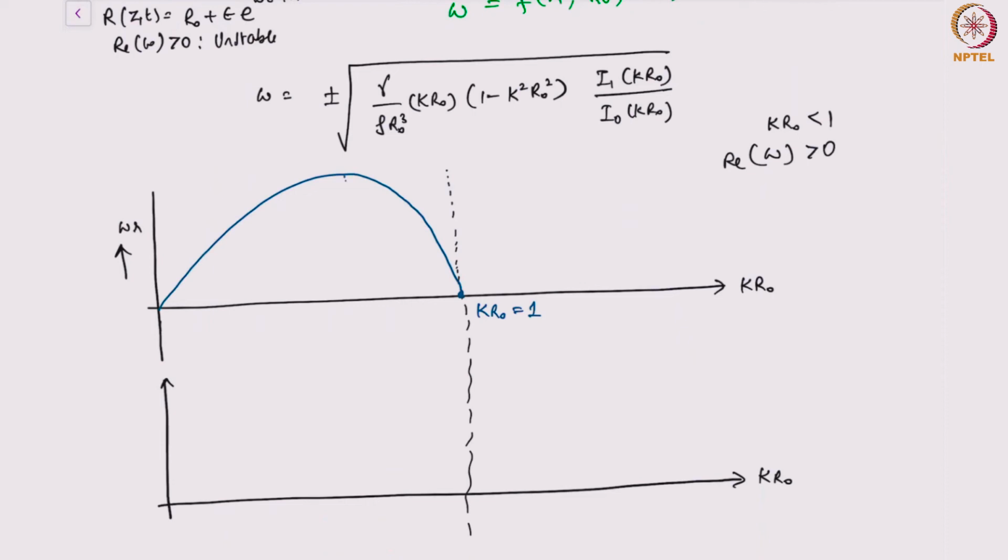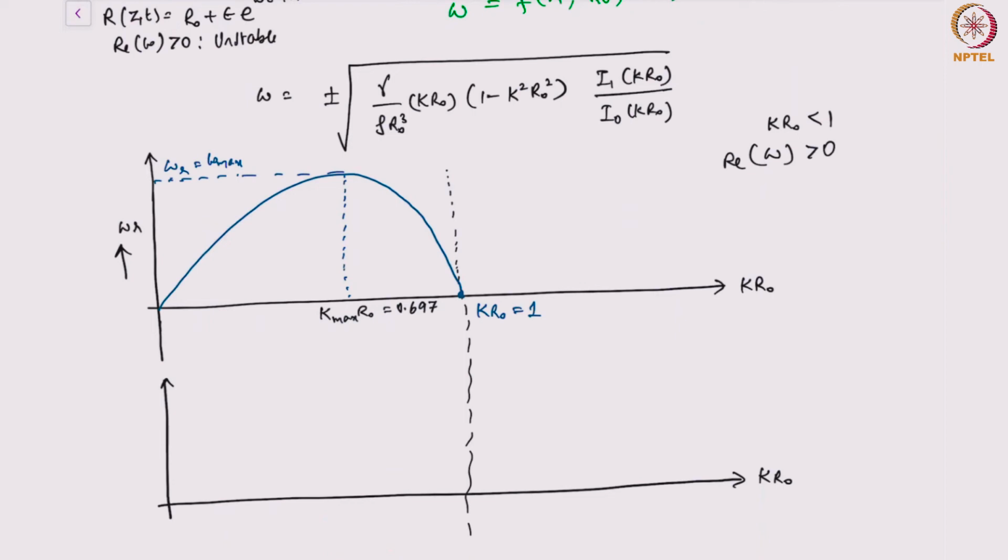And we can also determine the value where you have the maximum growth, omega max. This value, we call it k max times r naught, turns out to be 0.697.